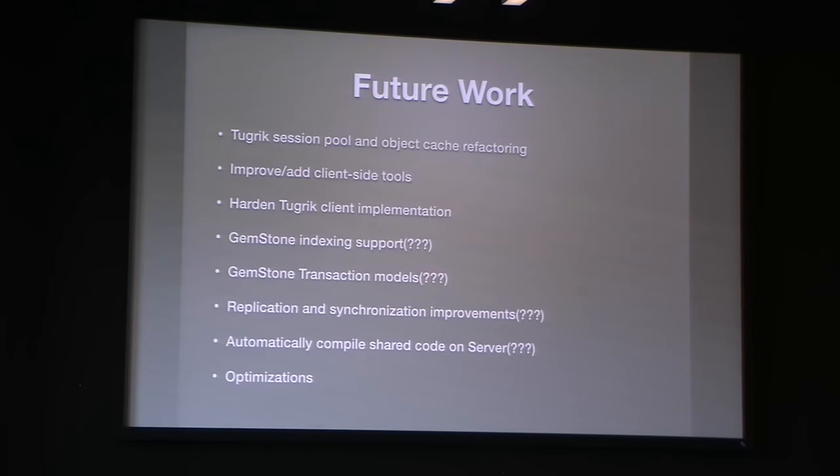What needs to be done next, and I'm going to get nerdy on you here, is that the session pool and cache refactoring needs to be done to match the GemStone model. Obviously, improve and add client-side tools. I showed you a debugger, and that's all that's there now. But it's easy to imagine that you would be writing code in the client in Pharo, and you'd accept a method that happened to be shared between the client and the server.